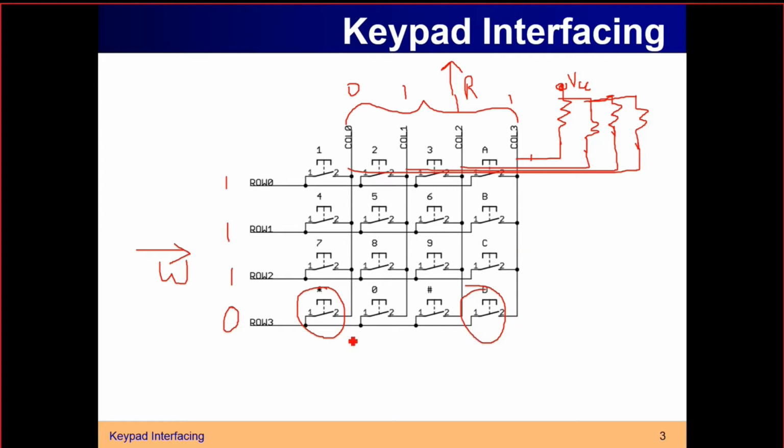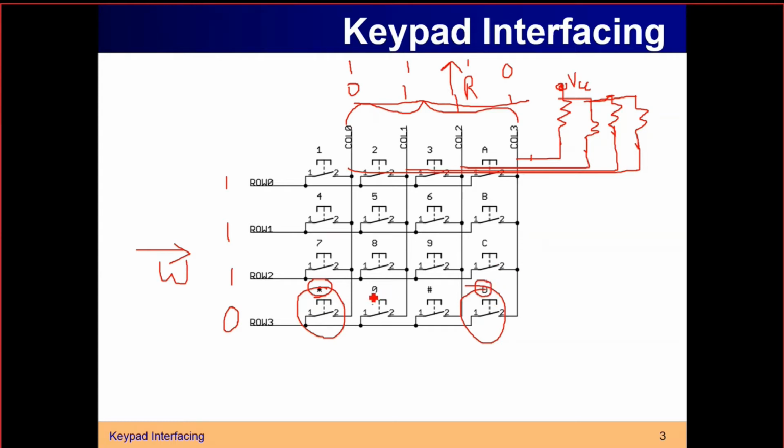Column 3 is connected to row 3. What is the row 3 value? 0. Others will be 1. So when I am reading, if I am getting 0, 1, 1, 1, what does it mean? I can conclude that the star button is pressed. But if I am getting 1, 1, 1, 0, I conclude that this D button is pressed.